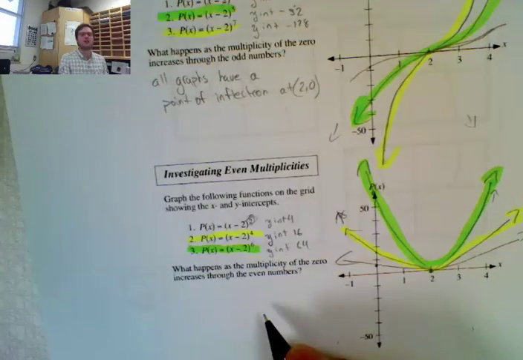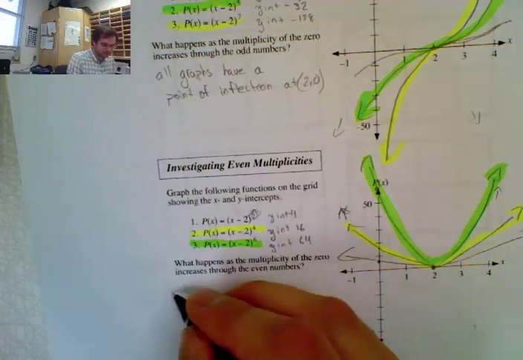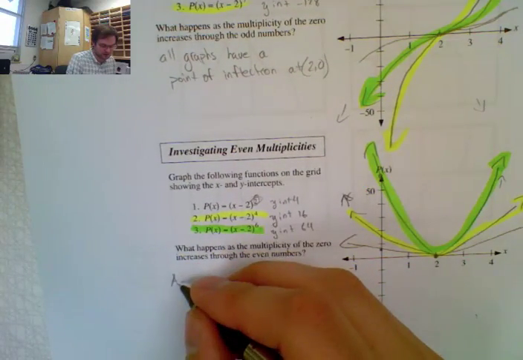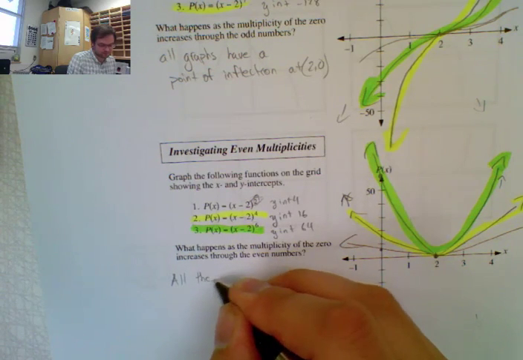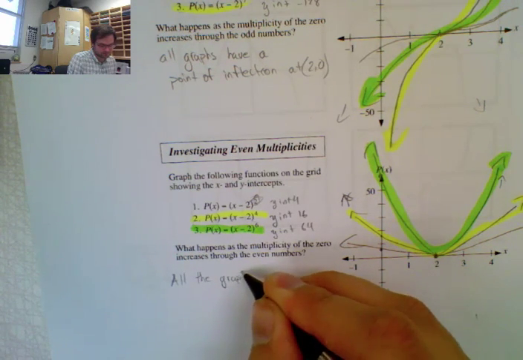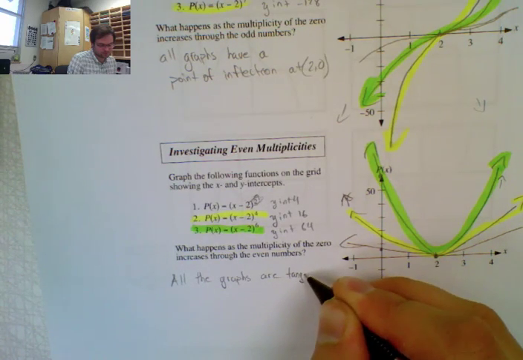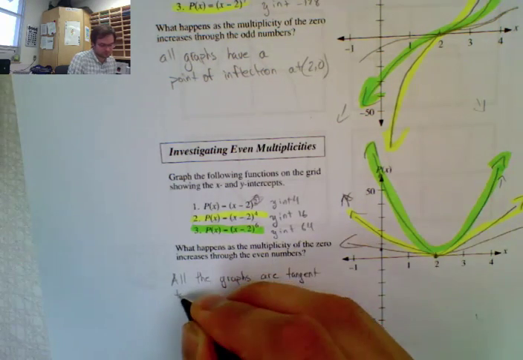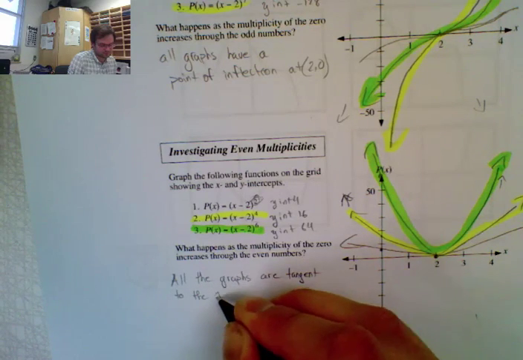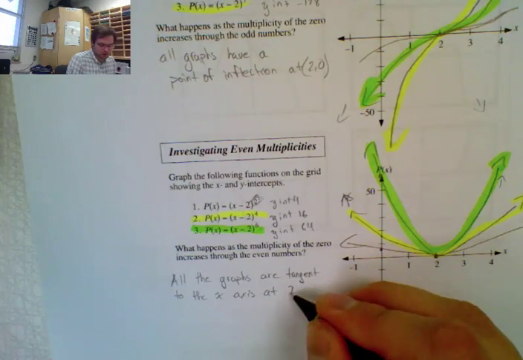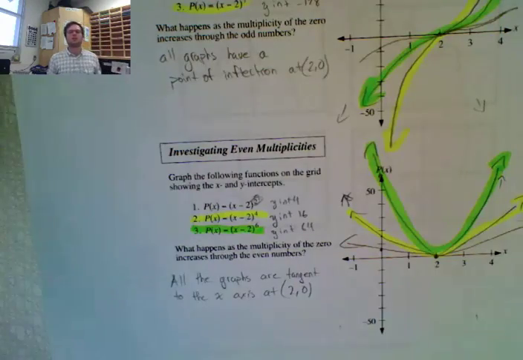And for this one right here, all the graphs are tangent to the x-axis at 2, 0. Okay? So those are the key things.